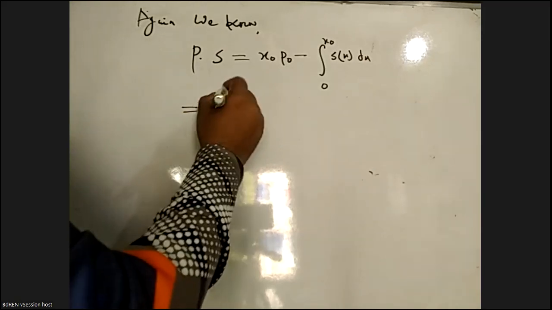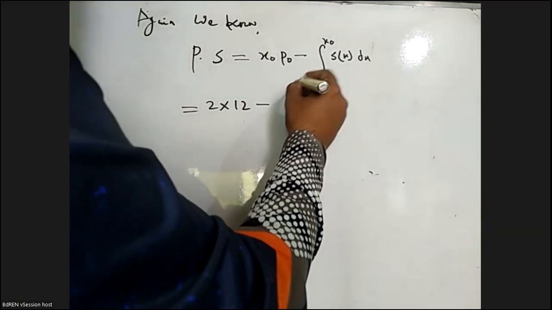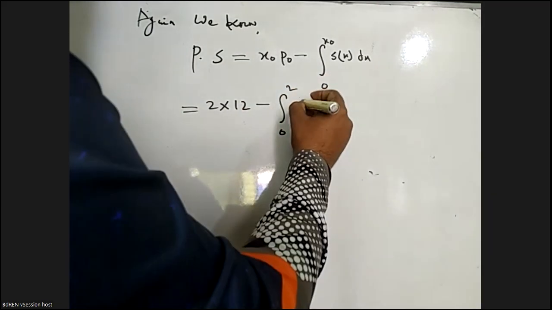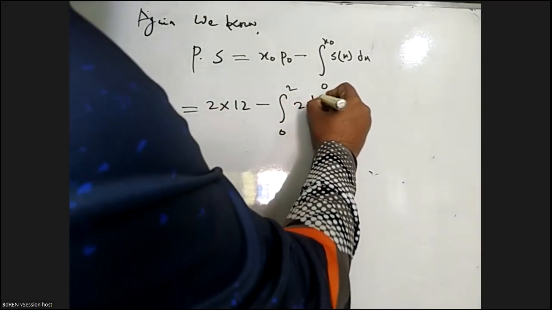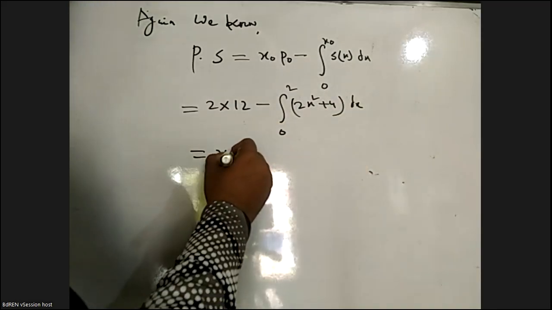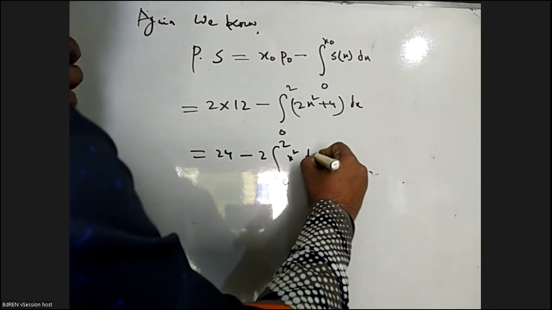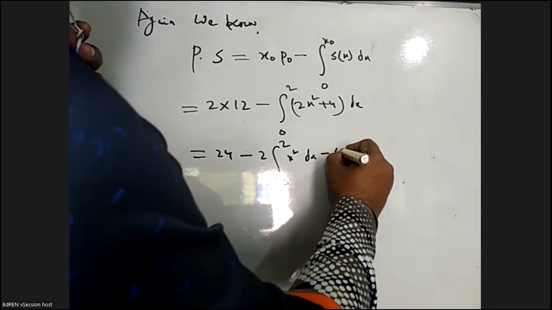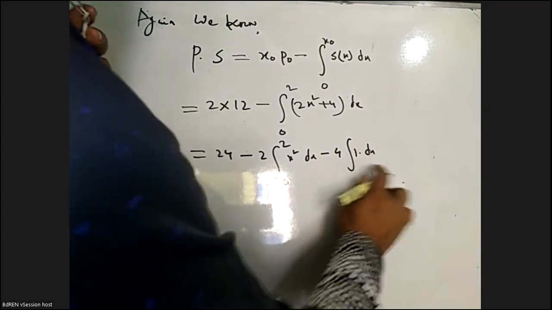So 2 multiplied by 12, the initial quantity and price, is 24, minus the integral from 0 to 2 of the supply function. The supply function was twice x square plus 4, dx.